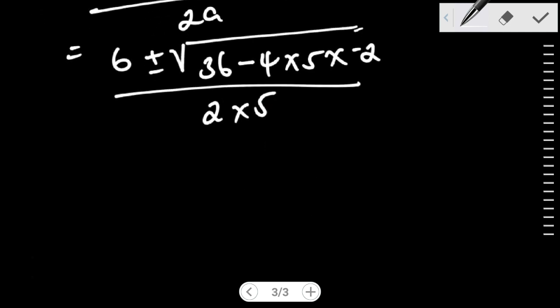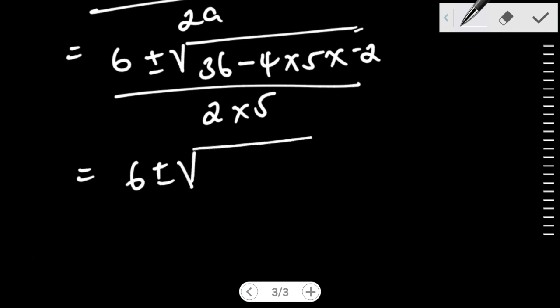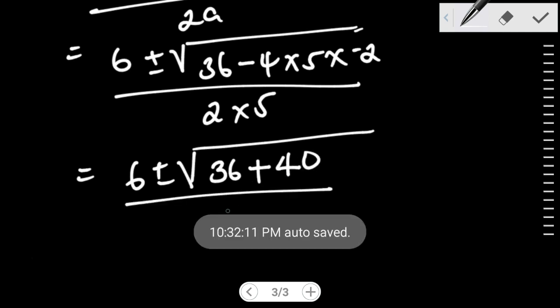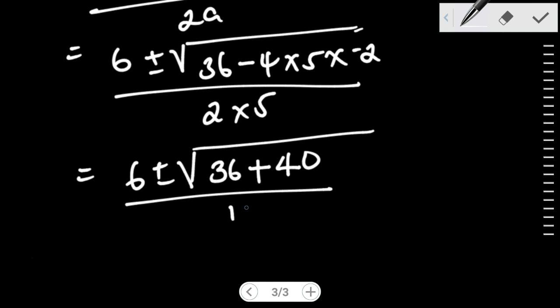So you find that this would be equal to 6 plus or minus root of 36 minus 4 times 5, which is 20, 20 times 2, which is 40, but in this case it will be a plus 40. So all over 10 in this case.